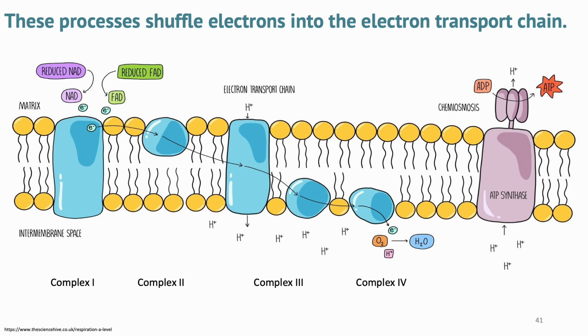So ATP, we keep talking about ATP, is the major energy currency for all cells. How is it created? It's created in ATP synthase through the electron transport chain. Reduced NAD, also called NADH, and reduced FAD, FADH2, are used to create a proton gradient.